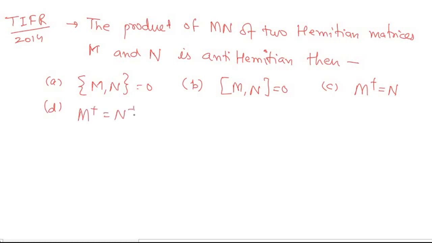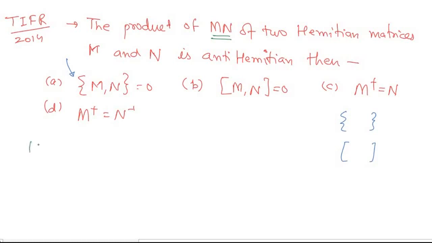I also wanted to explain what these operations are, these curly brackets and these square brackets, what they mean. So I have selected this question in such a manner that you can understand these also. Let us first solve this and then we will discuss what the curly bracket and the square bracket mean. Let us solve it as it is given. The product MN of two Hermitian matrices M and N is anti-Hermitian.